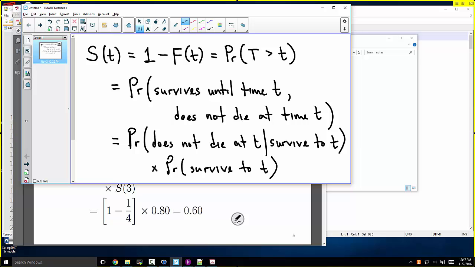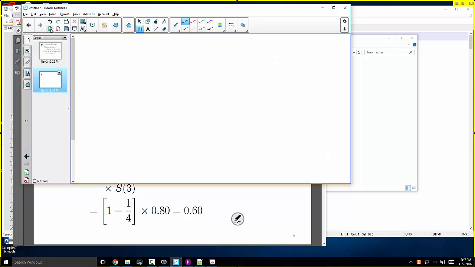So that probability that they survive up to time t, or let me erase that real quick and say probability that individual survives to time t.